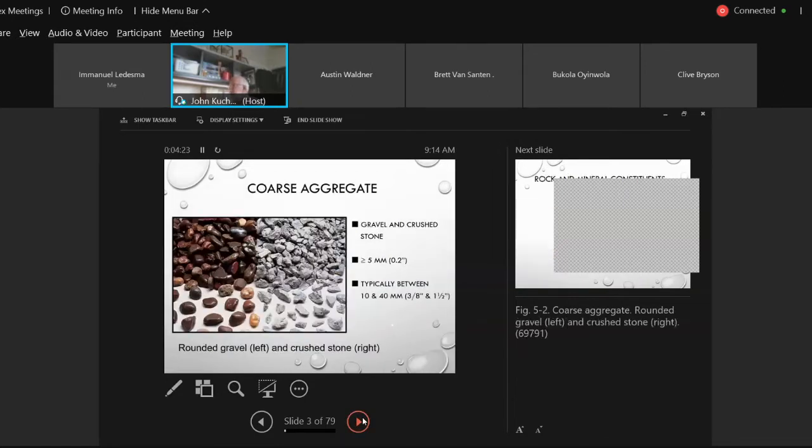Coarse aggregates. Typically, we have them in size ranges. City of Winnipeg, 20 millimeters. Maximum nominal size, 20 millimeters. Now, you heard me say the word nominal maximum size. Who can tell me what nominal maximum size is as compared to maximum size?